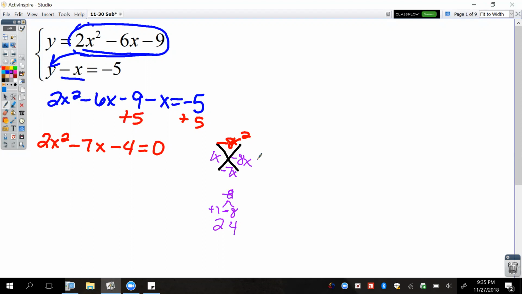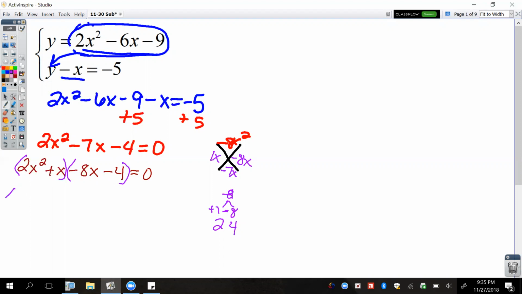Now that I have that, I'm going to use that to split my b term. So this is going to become 2x squared, but instead of minus 7x, we're going to put plus x minus 8x, and then bring down that minus 4 equals 0. Then I'm going to group my first two and group my second two.